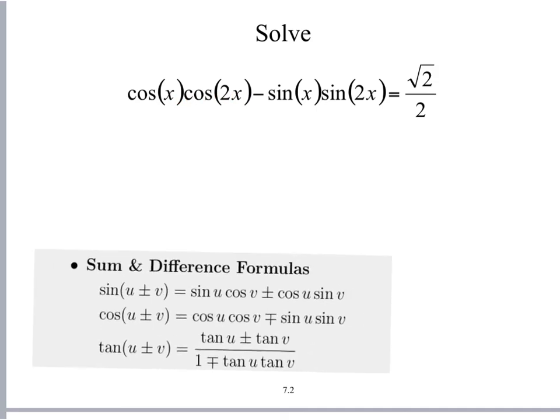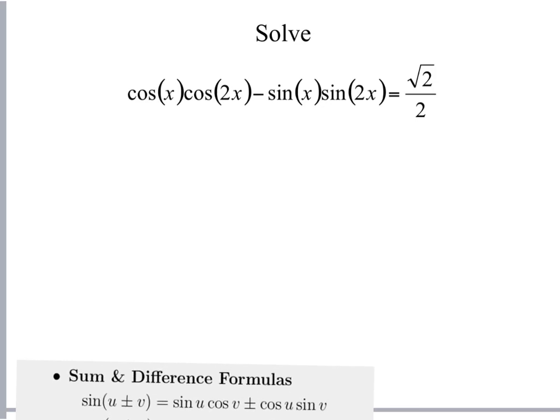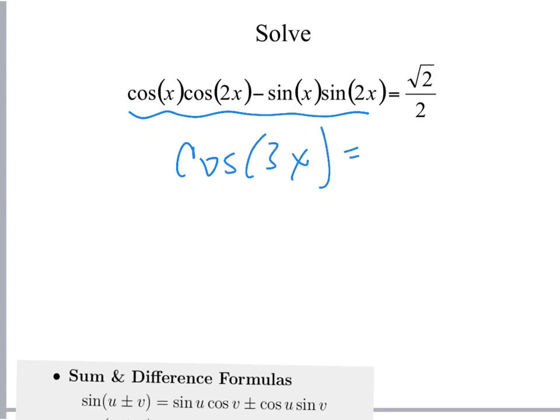Now, what did that do for us? Well, for one thing, it simplifies this down pretty well. So this is the same as cosine of 3x, because x plus 2x is 3x, and that's root 2 over 2. So then we can say, okay, what angle? We're going to say u equals 3x momentarily again.